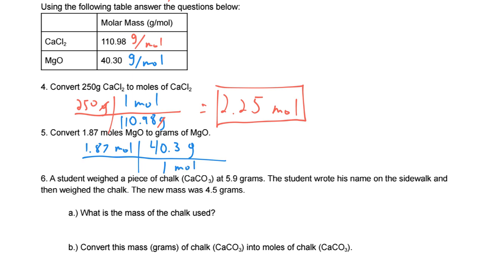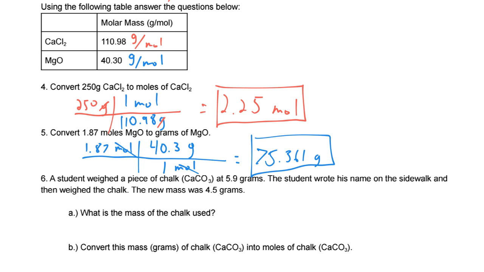And I put it in here this way so that moles would cancel. Now I just multiply across the top and I divide by 1. That doesn't change anything. And I get 1.87 times 40.3 equals 75.361. And the unit on that is grams, the only unit left over here.